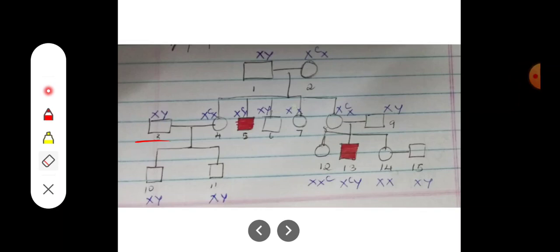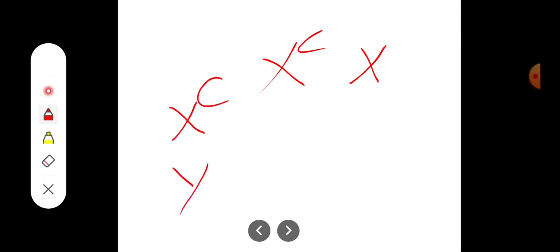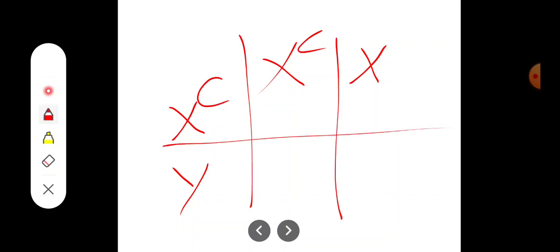Now let us understand how the probability can be found out. Right? So now I am taking a genotype which is XC, X in case of female, and XY in case of male. If I carry out this Punnett square, then what are the possible gametes which will be formed from this?